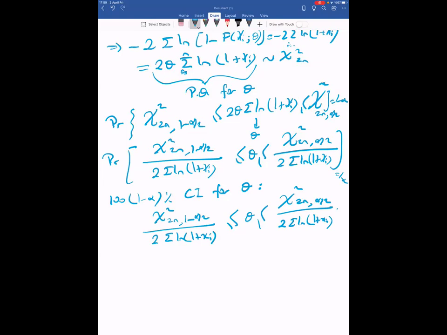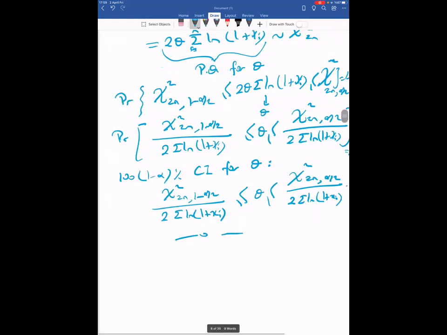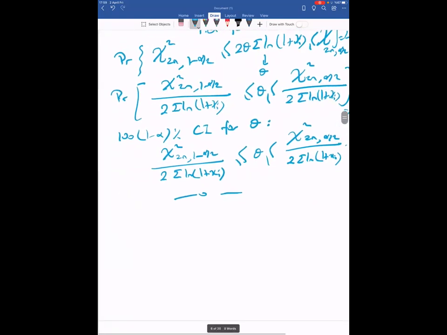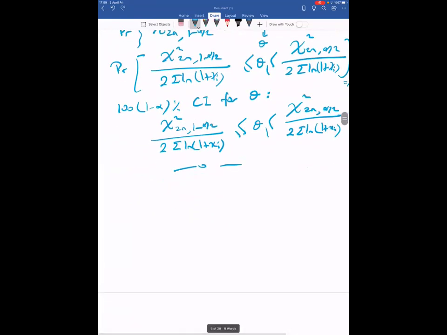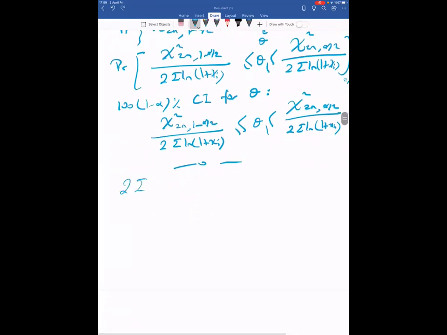In this case, for example, our pivotal quantity, 2 times theta times summation ln(1 plus xi), is an increasing function of theta, right?